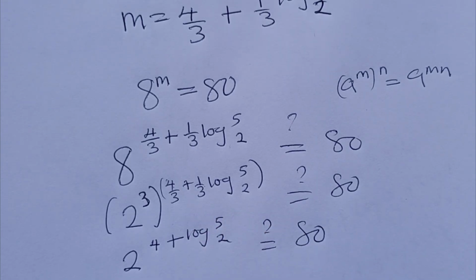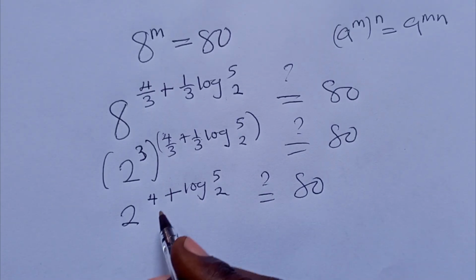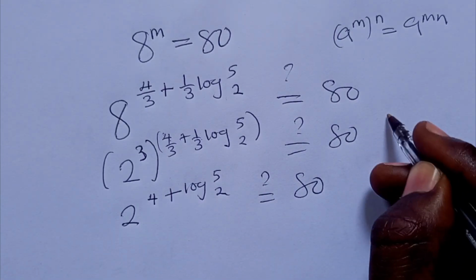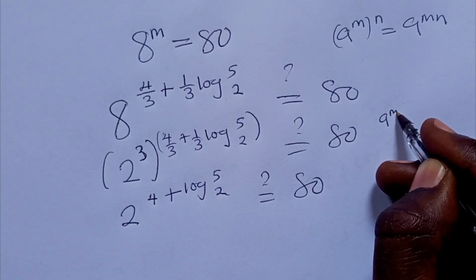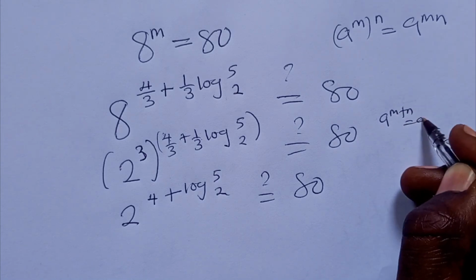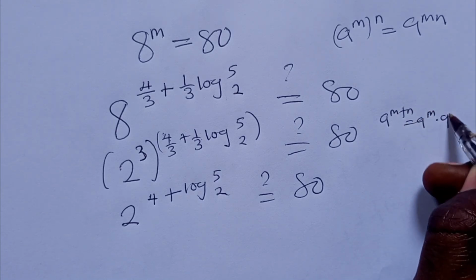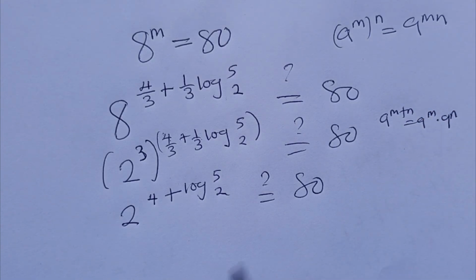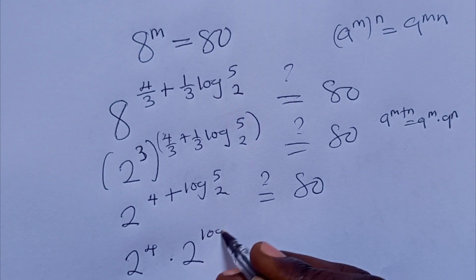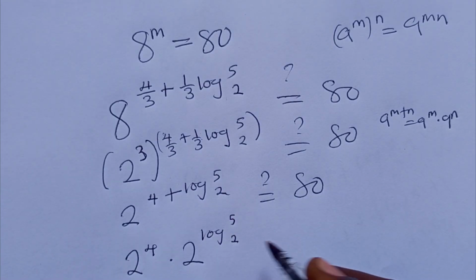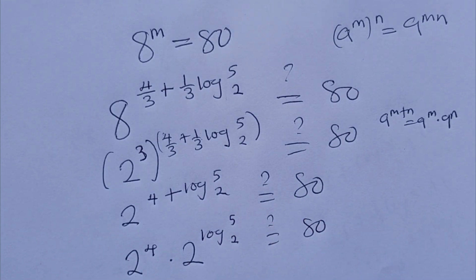These are going to be equal to 80. And when we have a to the power of m plus n, it is the same thing as a to the power of m times a to the power of n. So apply this here. This is the same thing as 2 to the power of 4 times 2 to the power of log 5 base 2. These are going to be equal to 80.